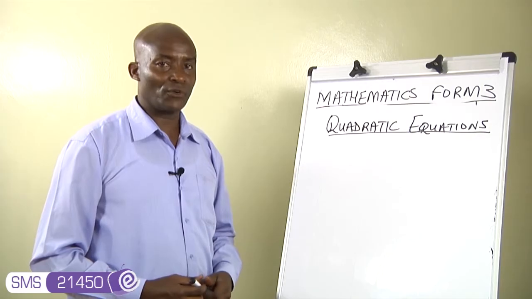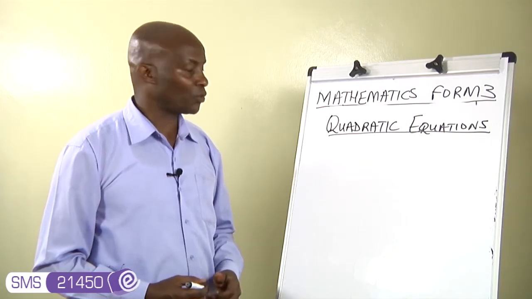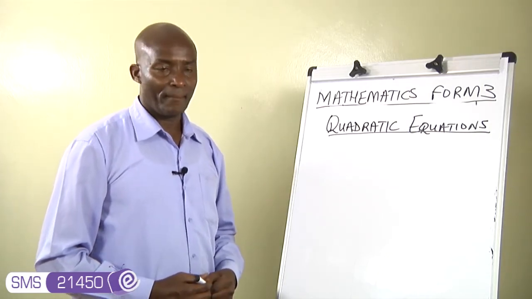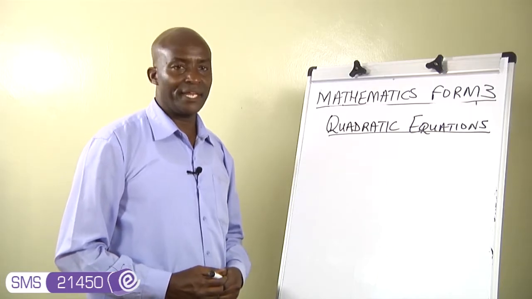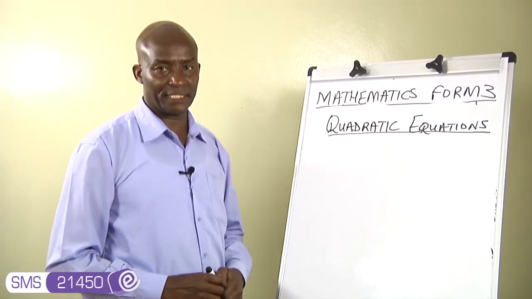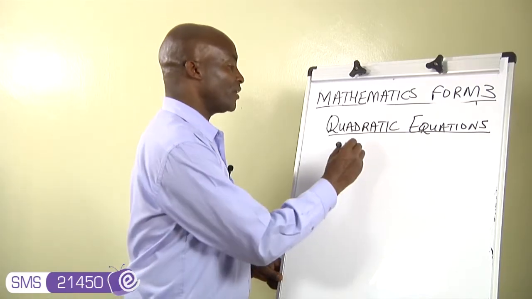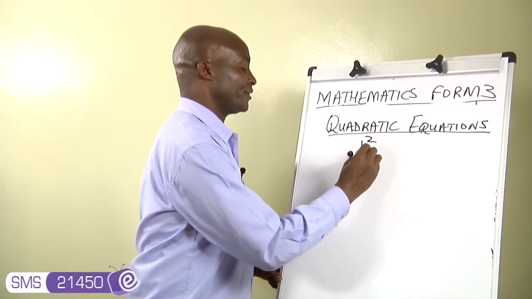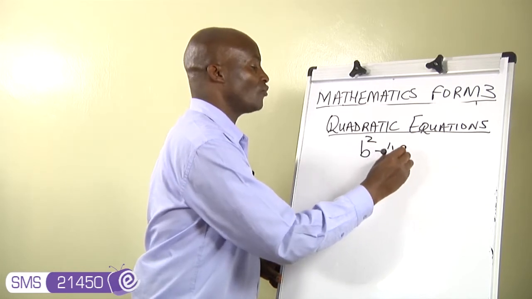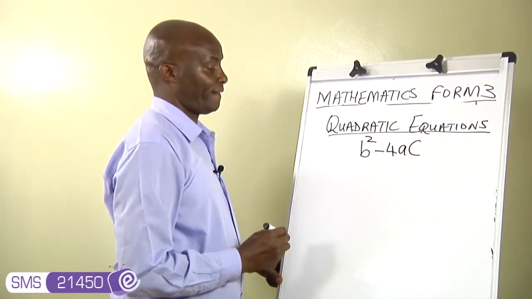We also saw the nature of roots that you can get from solving a quadratic equation by studying the nature of the discriminant. Now the discriminant is that part of the quadratic formula that is written as b squared minus 4ac.